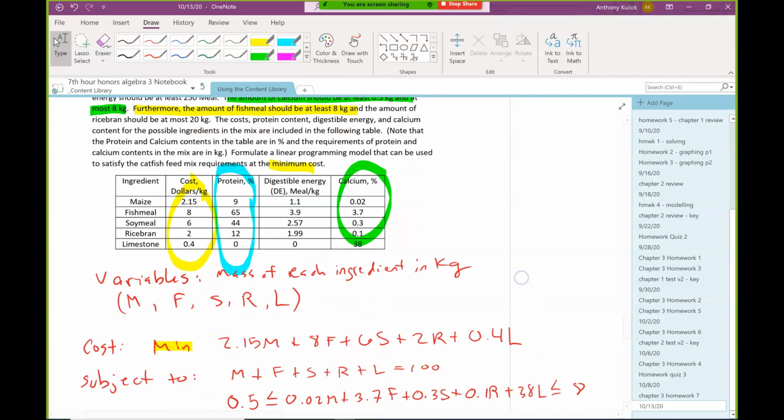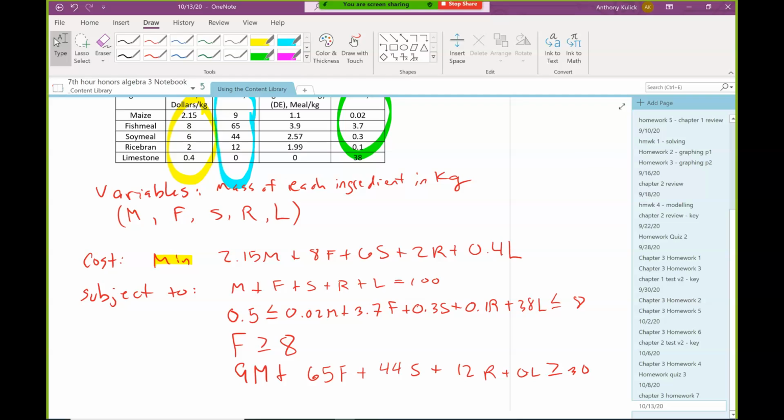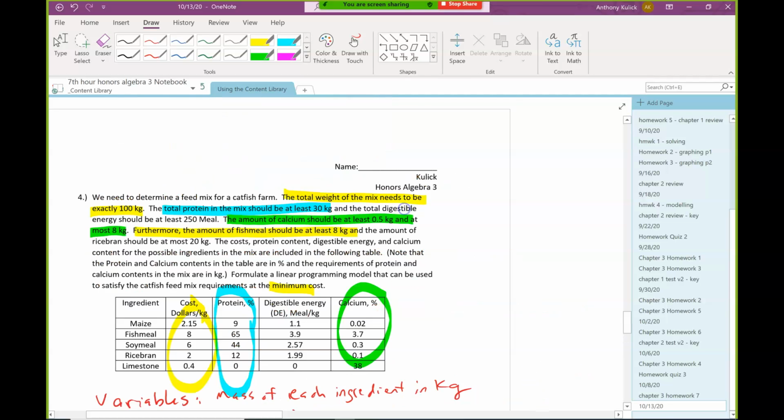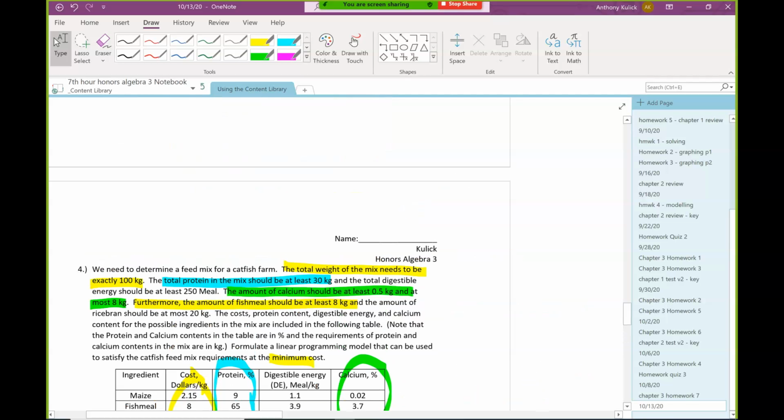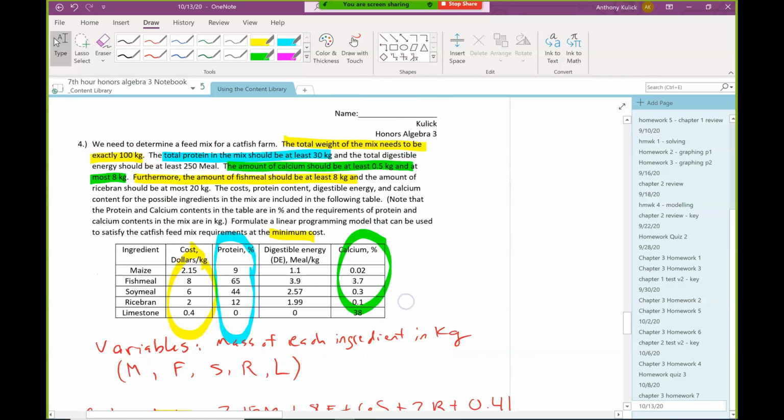What would I write for the digestible energy? I'm just going to do the same thing. It's to be at least 250 meal.